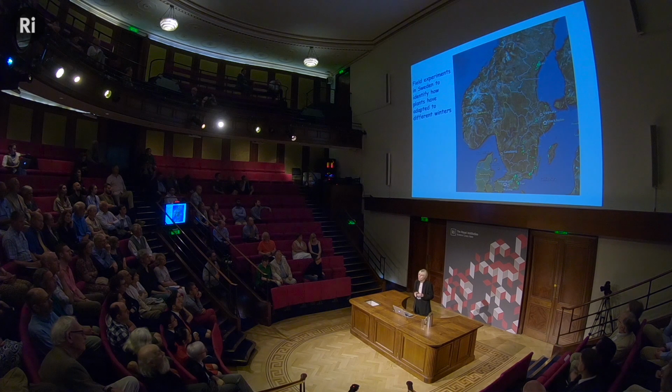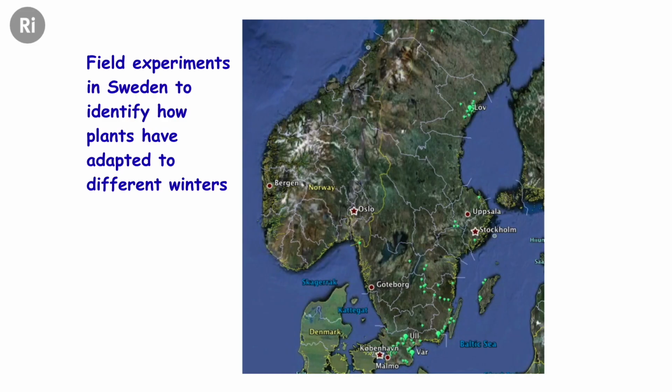So we've gone back and used Sweden as our experimental area. And every green dot that you see on this Google map is a place in Sweden where we've found a natural population of Arabidopsis thaliana. And right at the top, you might be able to just see Lervik at the Arctic Circle.